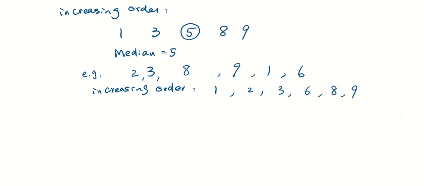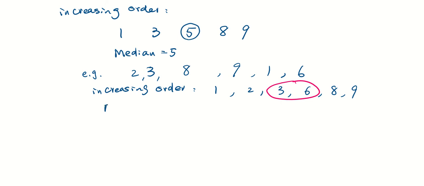Right? So after that, you want to find the number right in the middle. But wait a second, here in the middle we have 2 values, 3 and 6. So what is the median here? If you have an even number of data values, the median of the data set will be the mean of the middle 2 numbers.